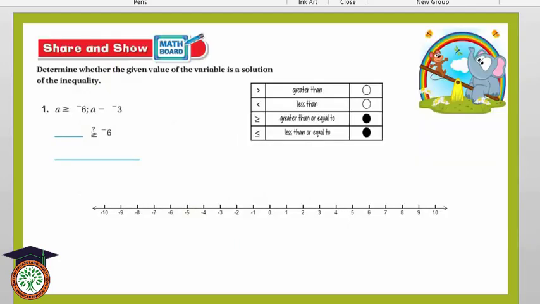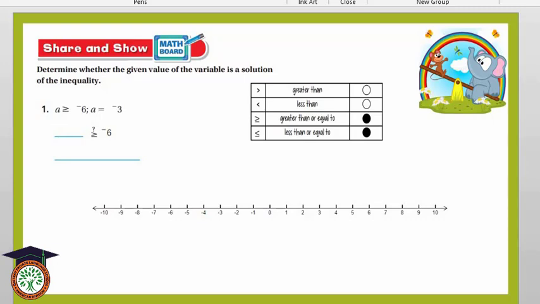Look at this question here. It says determine whether the given value of the variable is a solution of the inequality. Remember when we took equations and we used to check if the value given is a solution or not a solution? We're going to do the same thing here.